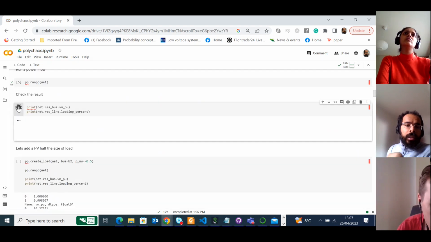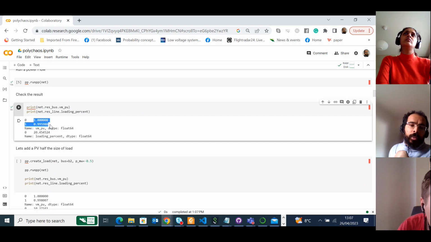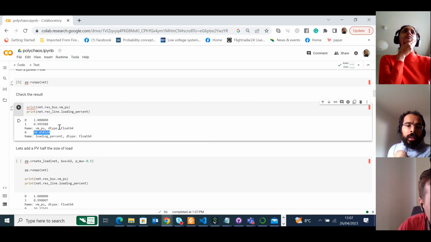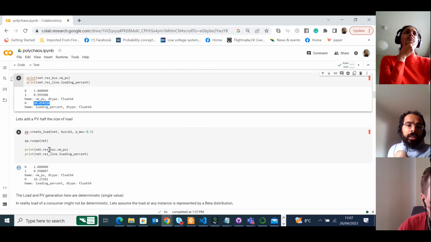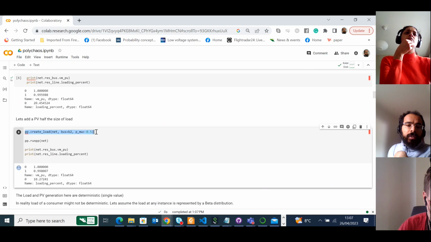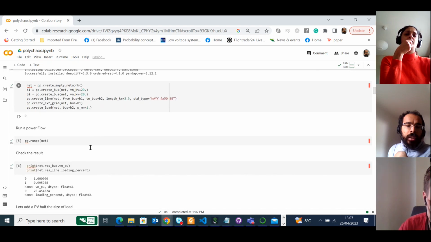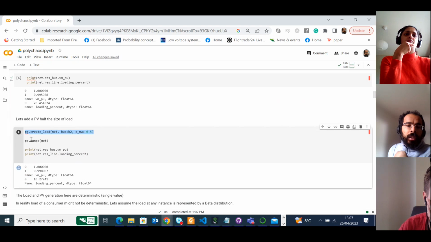After running the power flow, we are also interested in the output, which is given in terms of current and voltage. This is the voltage in bus 0 and bus 1, and this is the current, or the amount of loading, on branch 1. Let's say we now install PV in the same bus, but half the size. Previously the load was 1, now we install PV of 0.5, run power flow and get voltage and current.